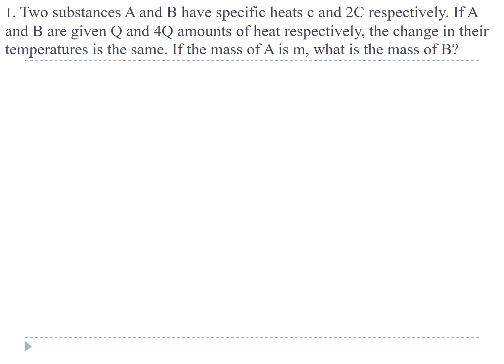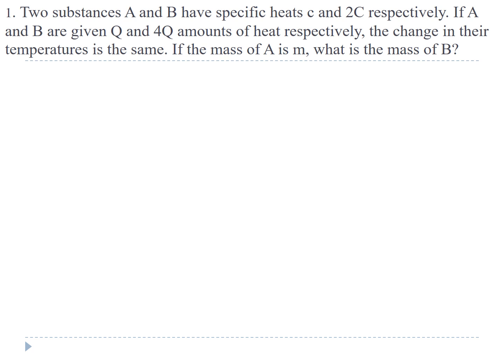Then they have one extra thing given, that is mass of A is m. That is, A substance has the mass of small m. You have to find out what is the mass of the substance B.